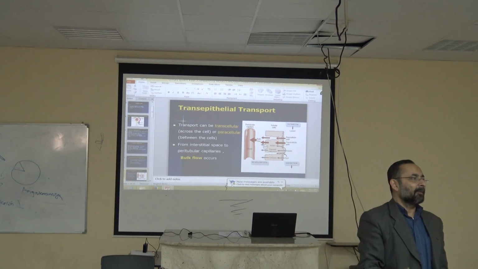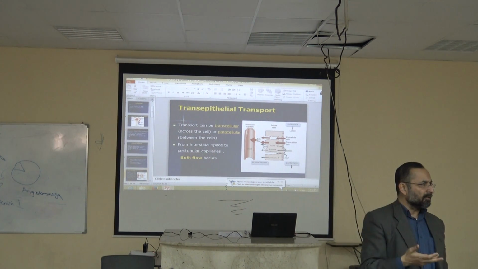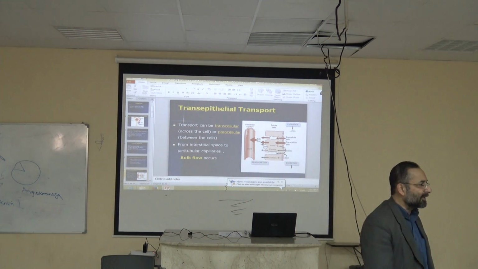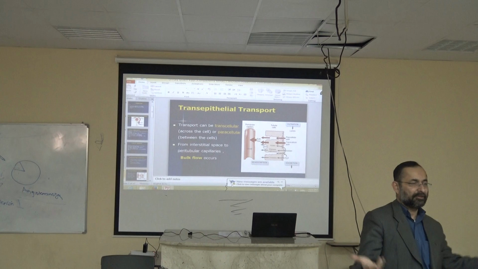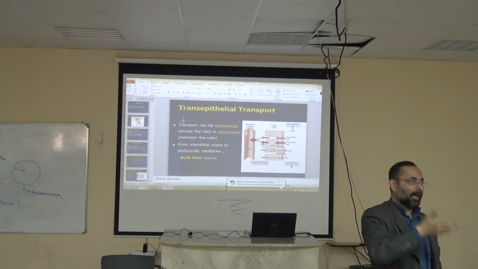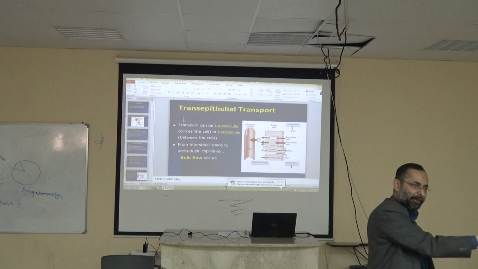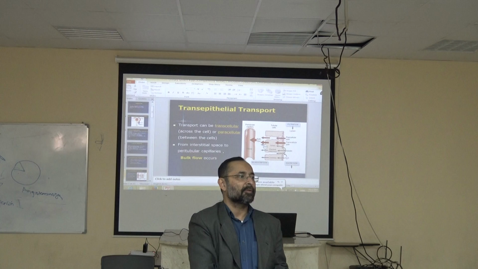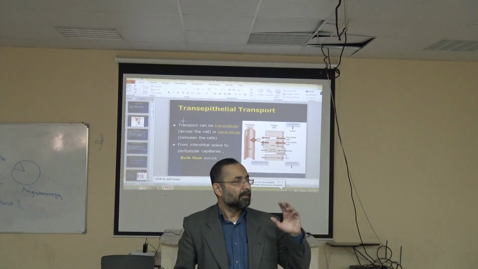Diffusion may be divided into the diffusion of water, which you specifically call osmosis, and diffusion of other substances. It's passive diffusion. It can be for gases, for lipid soluble substances, for water soluble substances, anything from high to low concentration, it is diffusion.